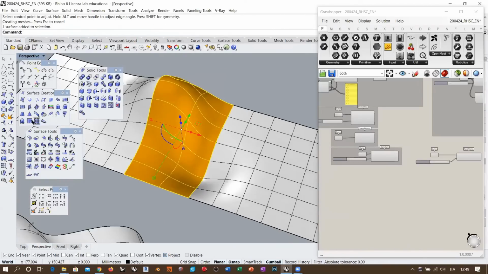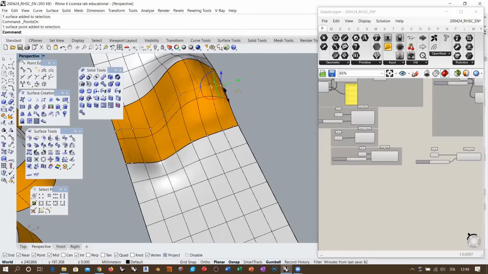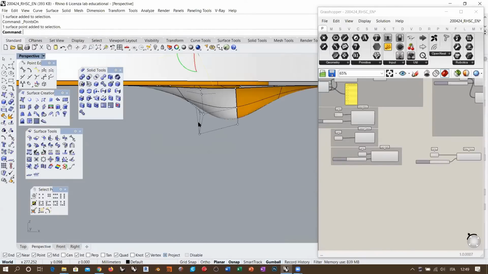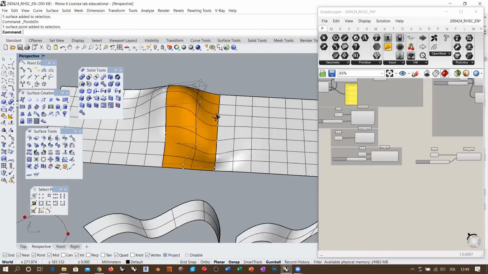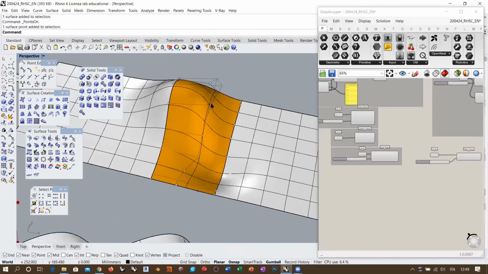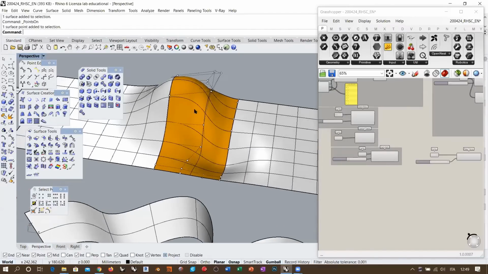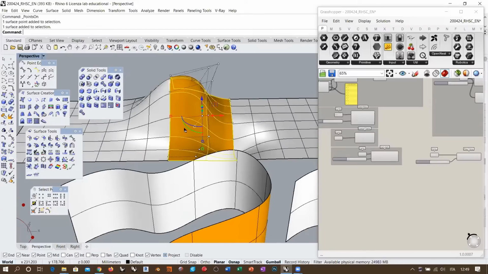So you see, for example, that if I confirm this and take a look at the topology of this, I have this line of control points, and then I have another line of control points here at the bottom, okay? Of course, as we are dealing with two-dimensional objects, a surface is a two-dimensional object in terms of topology. So it's a two-dimensional domain, okay? Of course, this is a three-dimensional object, right?